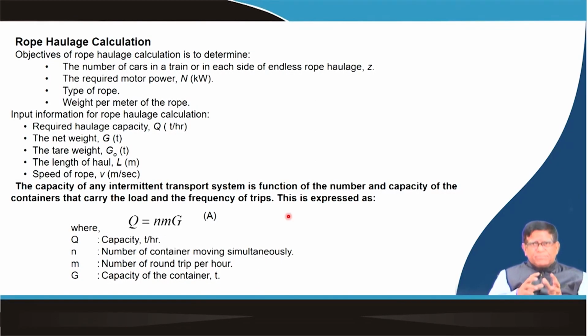Now, if you see these input parameters you have considered, things are very simple. The capacity will depend on the number of containers and the number of round trips per hour.